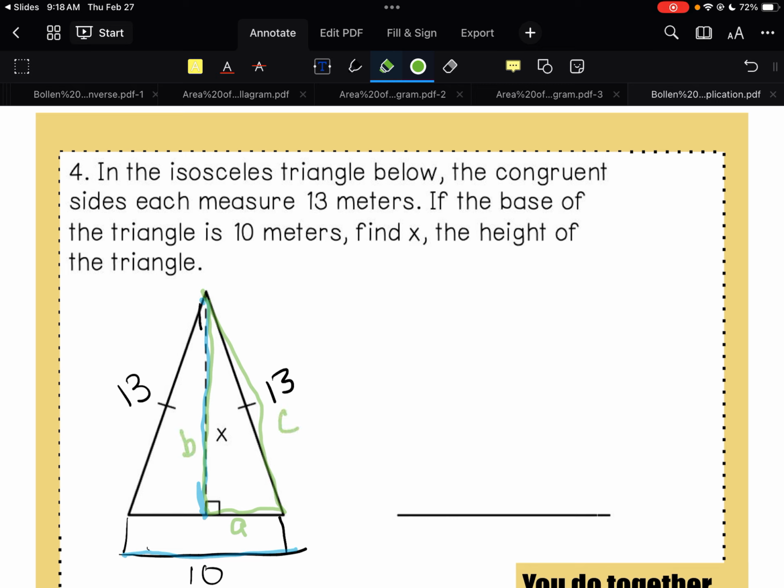So you're trying to find out C. But you may notice that you don't have the length for A. You do have to divide that 10 by 2, because there are 2 pieces, so A is 5. So your formula would look like 5 squared plus B squared equals 13 squared. And then go ahead and solve that from there.